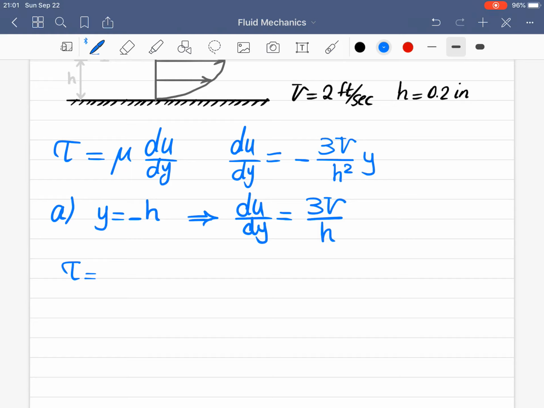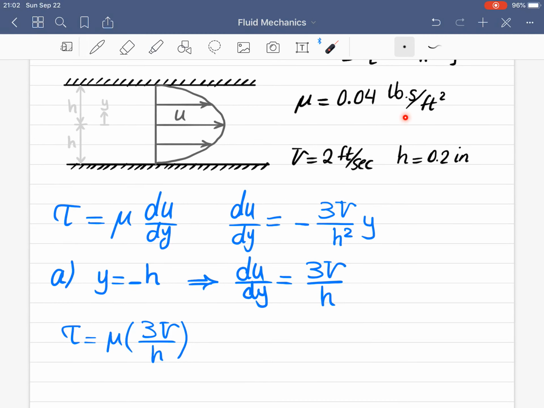So tau would be mu times 3v over h. And here we have the value for mu, for velocity is given, and also h is given. So we can find the shear stress at the bottom plate at here.